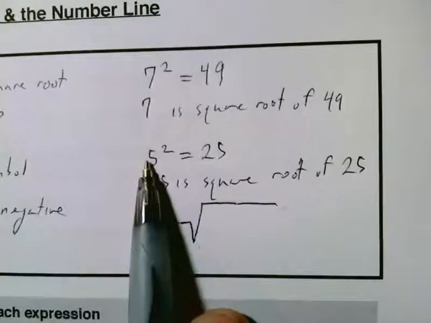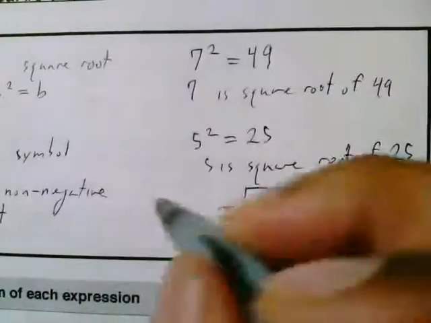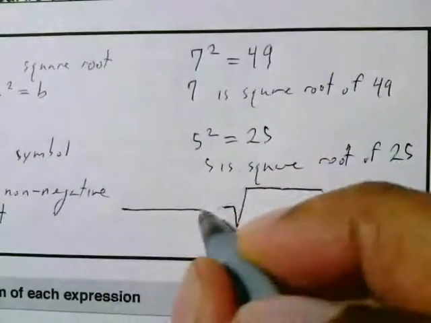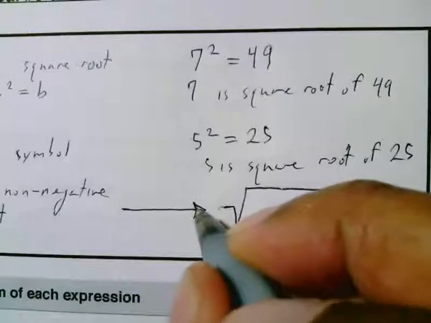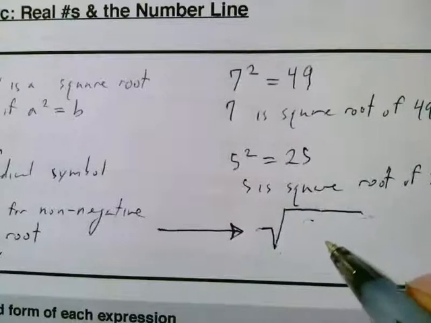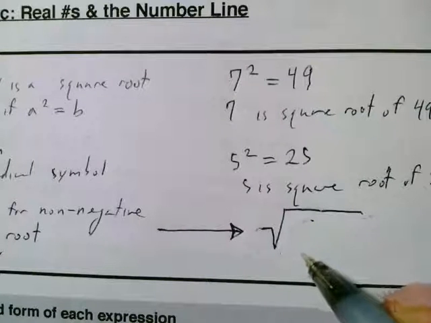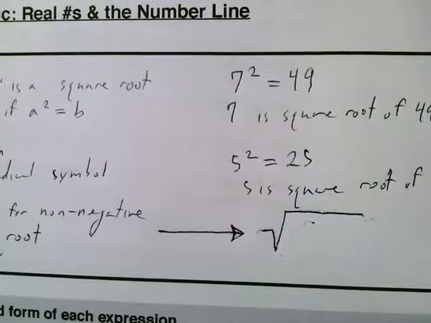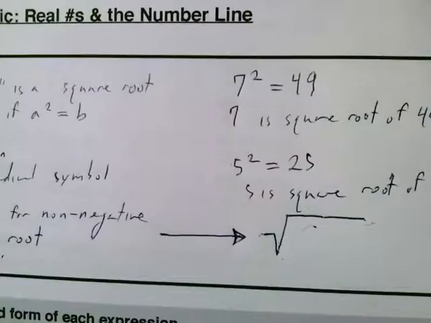So the square root of 25 is just 5. Alright, so this symbol is called a radical, and whatever number or expression is inside is called a radicand.